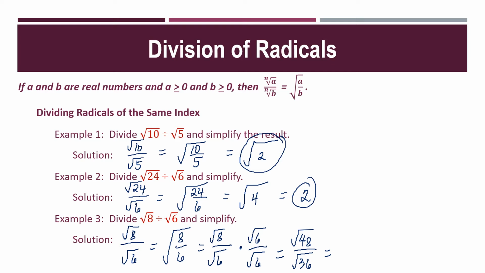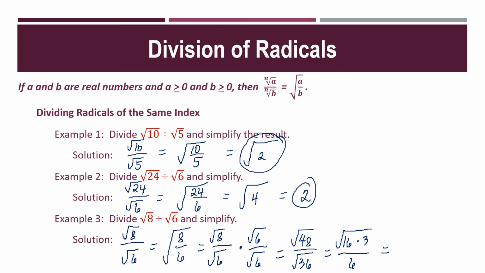What we do now is we simplify the radicand. 48 is the same as 16 times 3. This is a factor pair of 48 wherein one of them is a perfect square, and that is 16. Over the square root of 36 is 6. Now let us simplify.